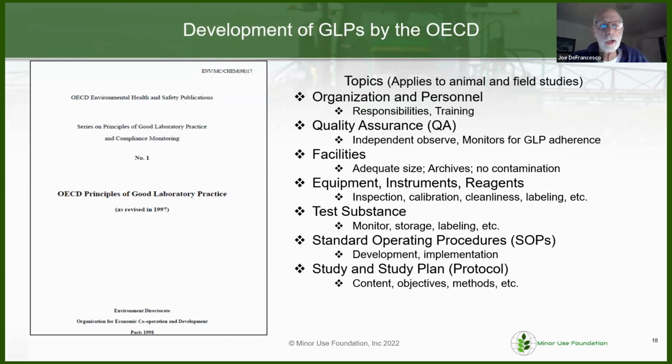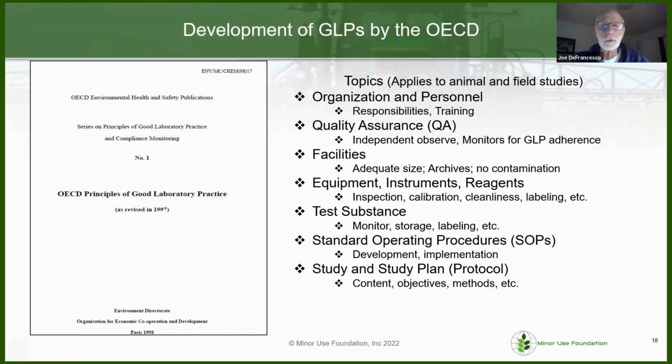That's an important part of GLPs, is making sure that that data is safe and secure. Facilities also apply to the field in a sense. Are the plots set up to minimize contamination from treated plot to the untreated plot? For example, making sure that the untreated plot is upwind from the treated plot, so there's no possibility of drift when you make the application.